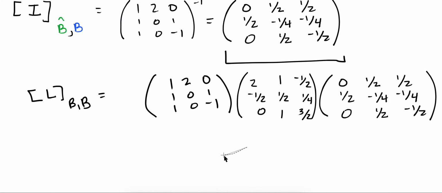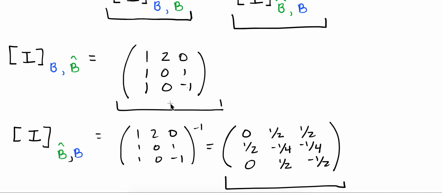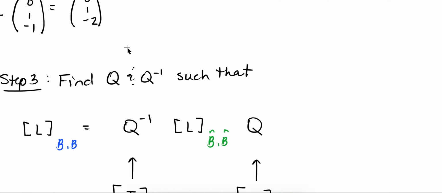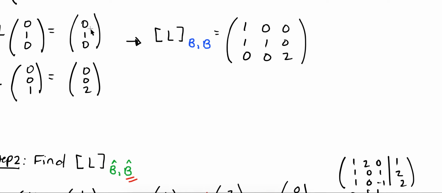So if you multiply these three matrices together, what you should end up with is this matrix right here.